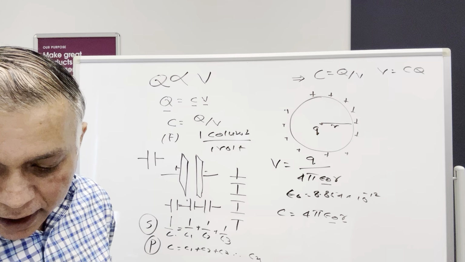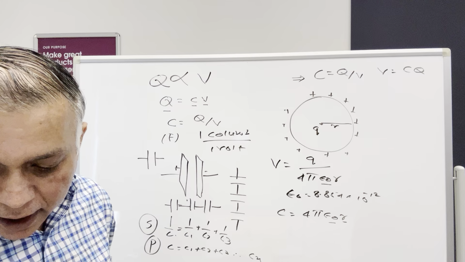So if there is a very simple example of calculating the total capacitance of series capacitors or parallel capacitors, and you have to find the total capacitance, then if they are connected in series, it is 1 over C, which is the equivalent capacitance, equals 1 over C1 plus 1 over C2 plus 1 over C3. This is for series.